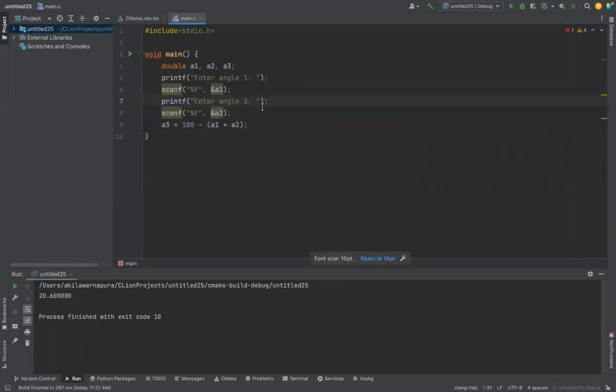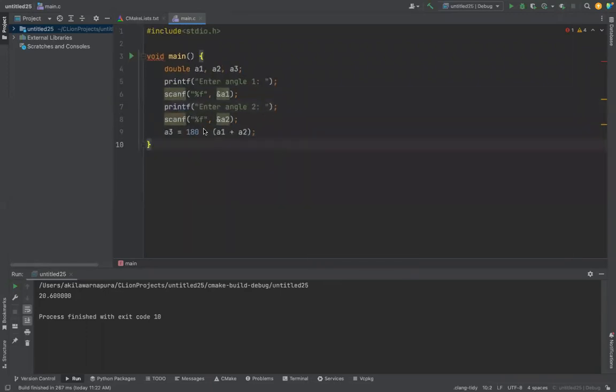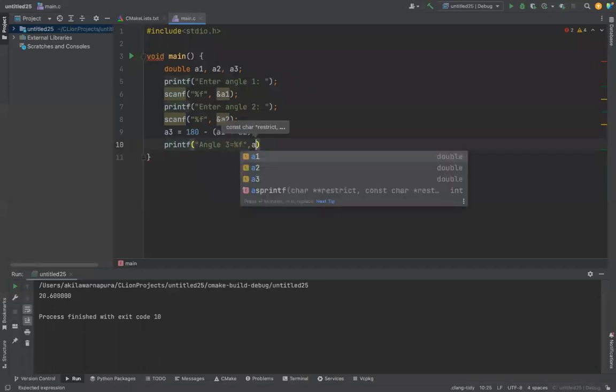A3 equals 180 minus (A1 plus A2). Then you can display angle 3. printf "angle 3 equal %f", A3.